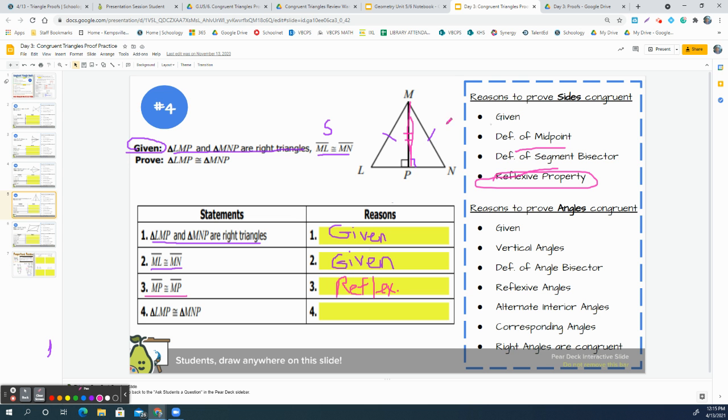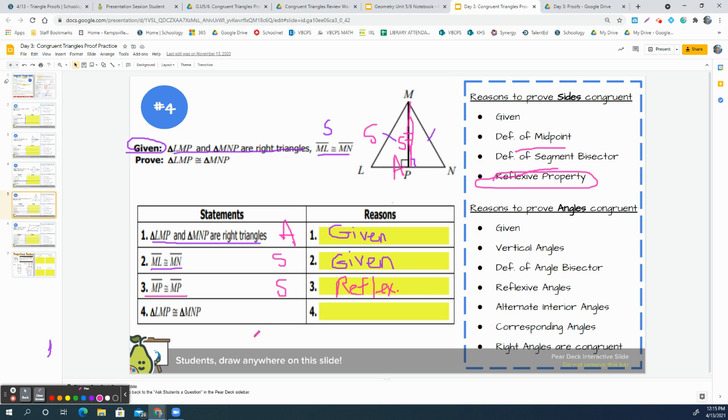So what's my reason down here? I've got a side and a side. Got a side and a side. Oh, and I forgot about my right angle. I've got an angle. So is that ASA? Is that a thing? Not a thing. I can't do side angle side because the angle's not in the middle. It's not joining the two sides.